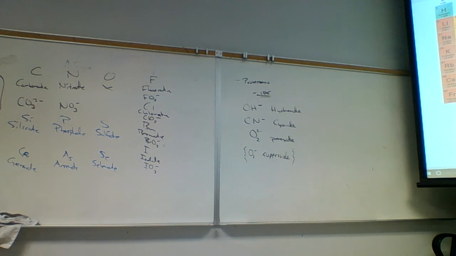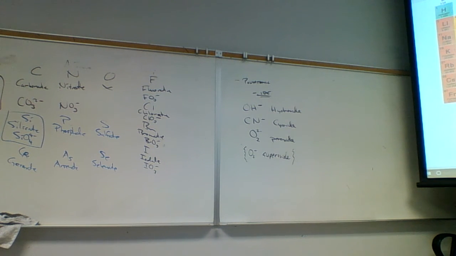All right, what's the formula for silicate? If you're a geologist, you know this, perhaps after mineralogy, but it's SiO4 4 minus. What group is silicon in? Group 14 or 4A. And so we memorize this, silicate 444, right?